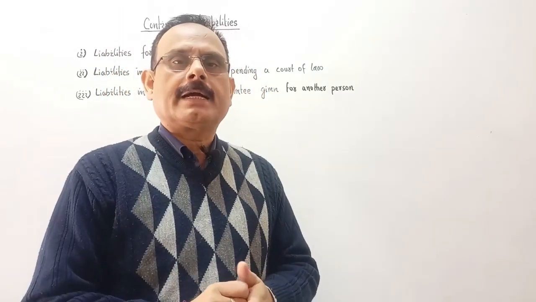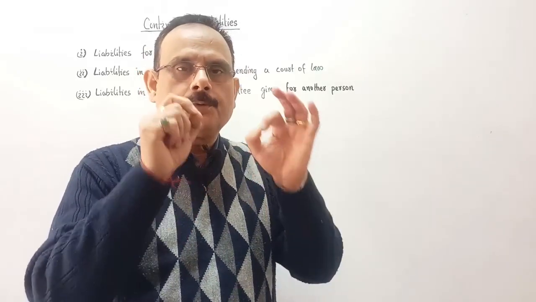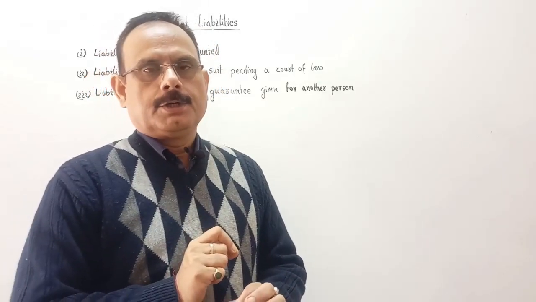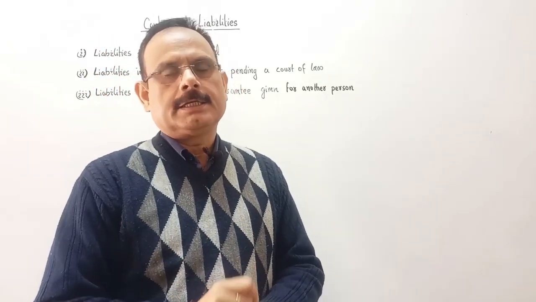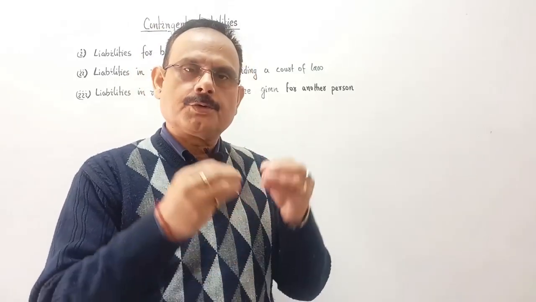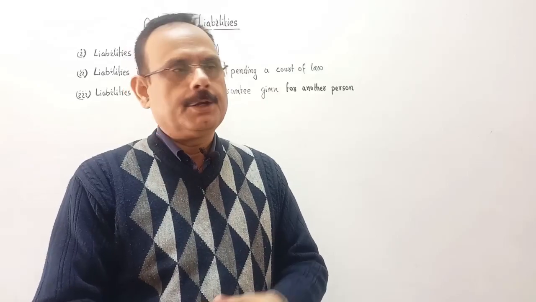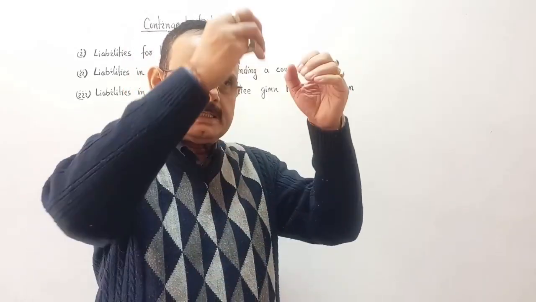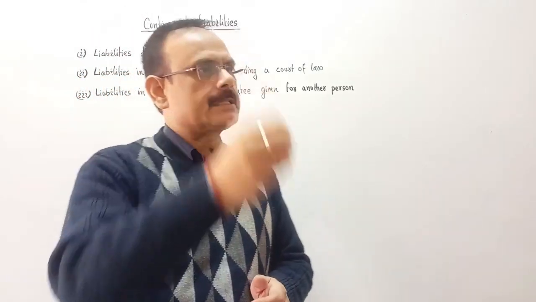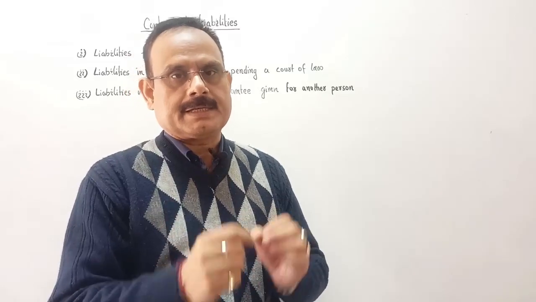That's why contingent liabilities are shown in the footnote just below the balance sheet, so that the stakeholders or those who are interested to know the company balance sheet in details, they know that these are the contingent liabilities of the business or of the company.